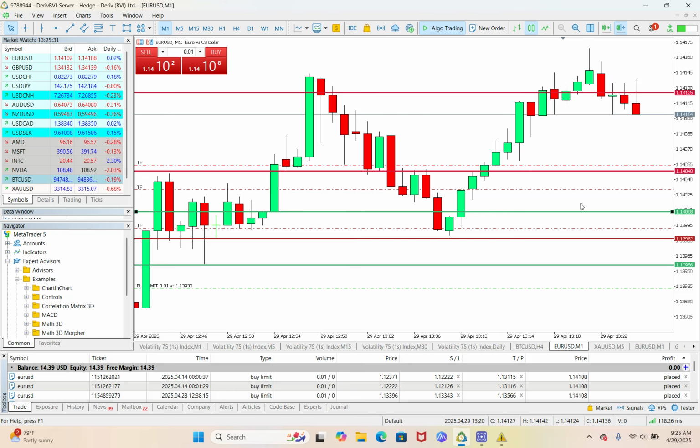So we're still not looking for any opportunity because the market failed to break above this area with a high succession. So we're not looking for any trading opportunity.